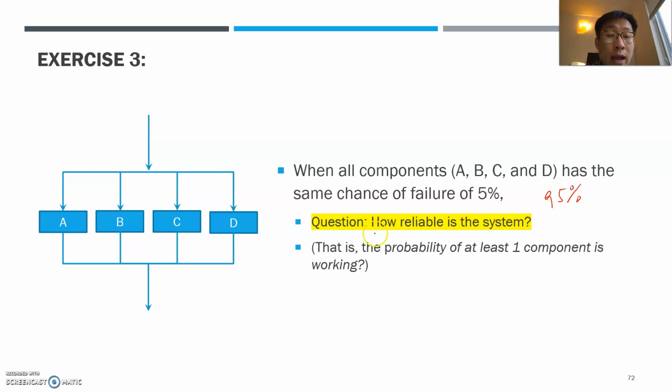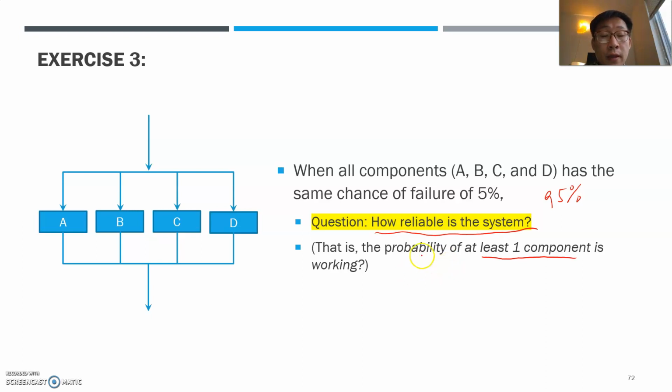How reliable is the system? In other words, we need to calculate the probability of this system being up and running under some conditions. Rephrased, that is the probability that at least one component is working.